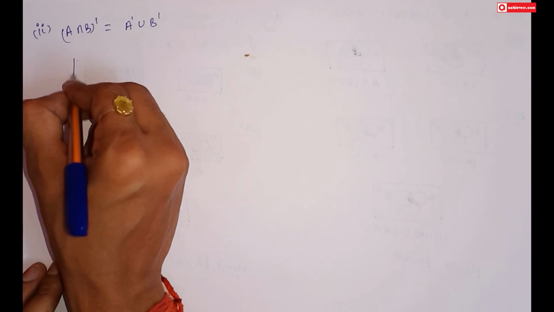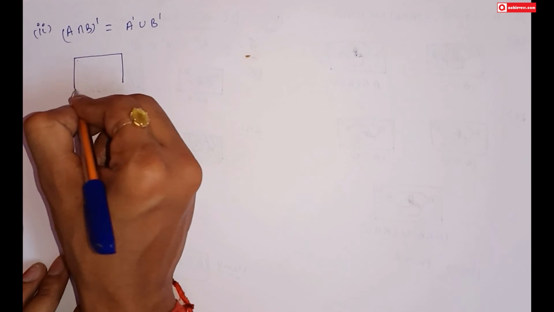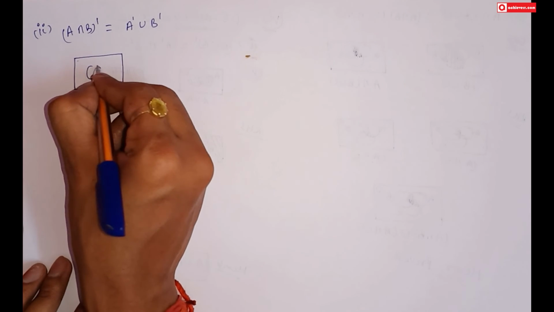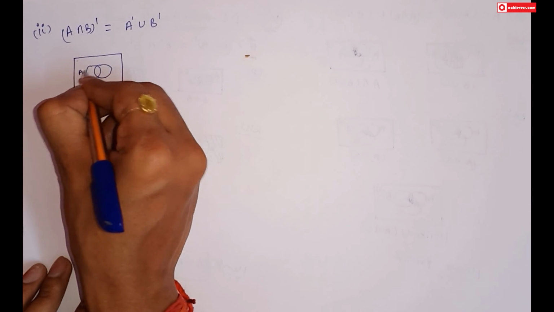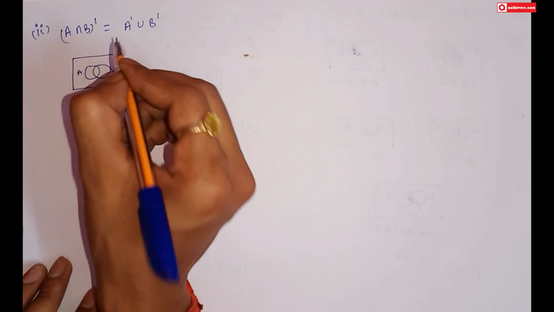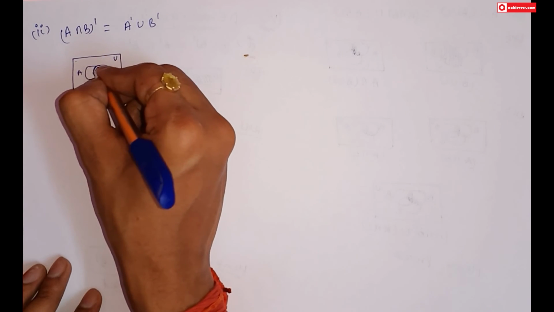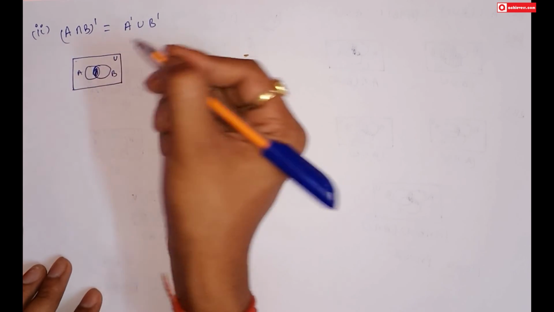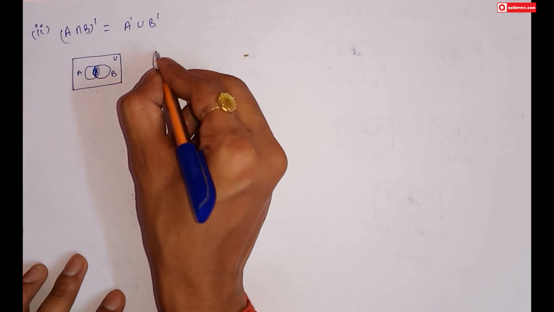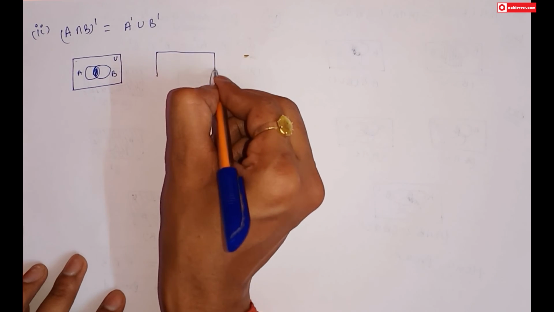For example, we have two sets, suppose A and B, and this is union set. So what is A intersection B? This one. This part is A intersection B. So what will be (A intersection B) complement?